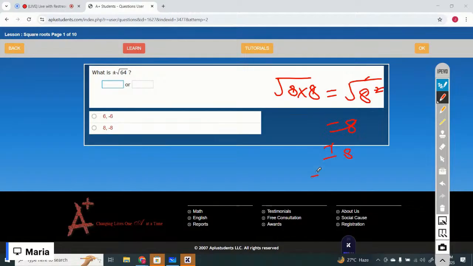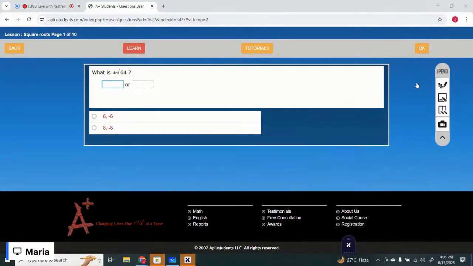Like plus minus 8, positive 8 and negative 8. Option number 2 is the correct option, 8 and negative 8.